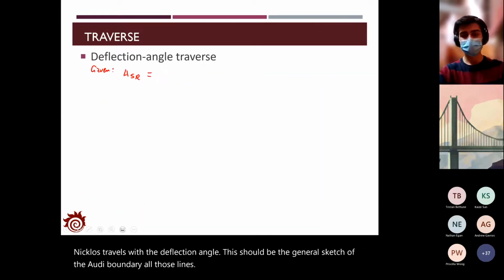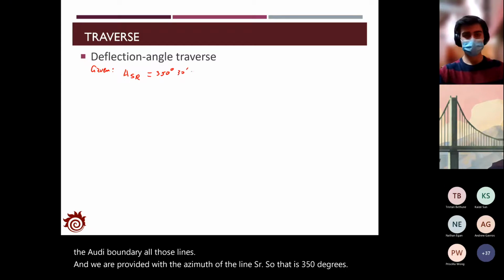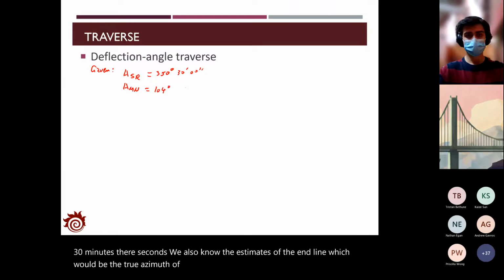And we are provided with the azimuth of the line SR, so that is 350 degrees, 30 minutes, 0 seconds. We also know the azimuth of the end line, which would be the true azimuth of that line. So it's 104 degrees, 42 minutes, 30 seconds. And we can find out the deflection angles.